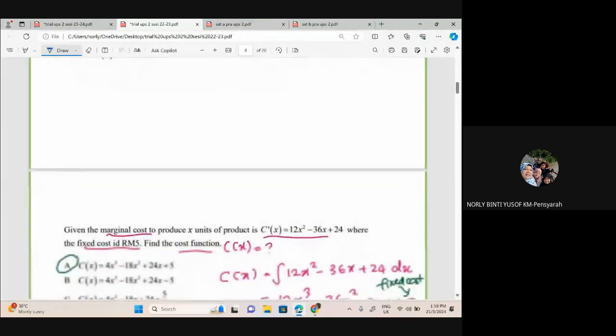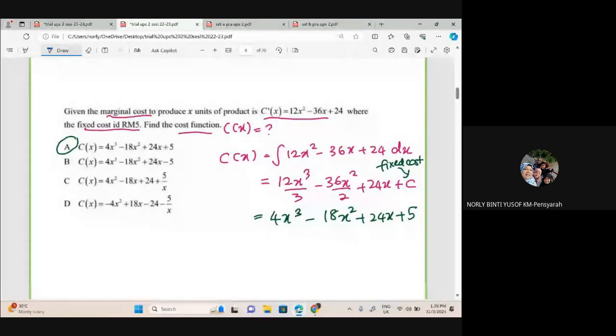Okay, and then next soalan, given the marginal cost dan juga fixed cost, soalan suruh cari cost function. So cost function adalah dia bagi dah marginal cost, so you have to integrate. Nak cari C(X) ni sebenarnya you integrate. Ni adalah integration of you punya marginal cost.